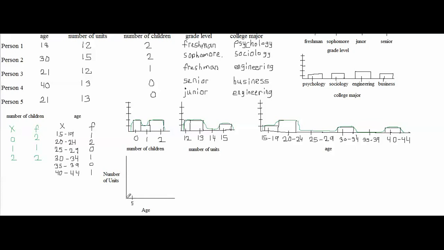And we probably don't need to include 0 because a person's age can't be 0. And we need to go up to 40 because 40 is the highest age that we have recorded.